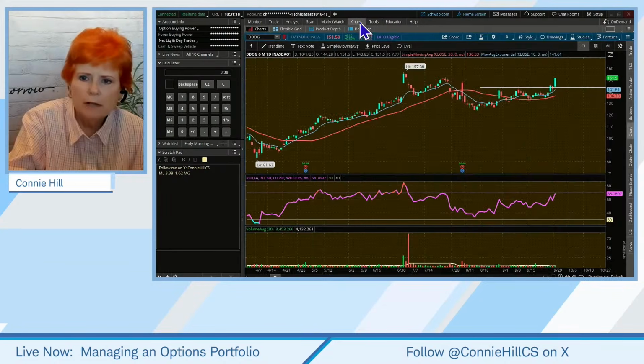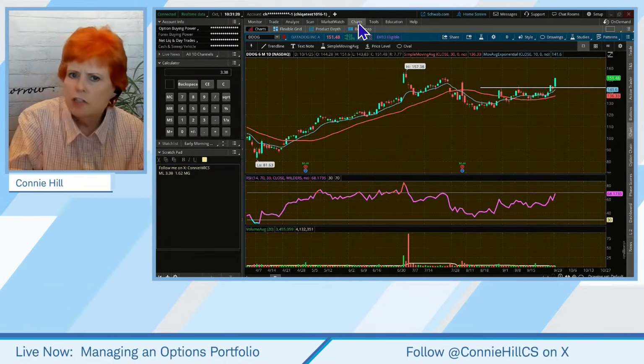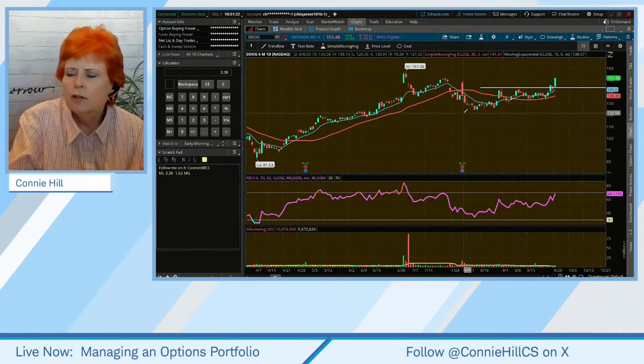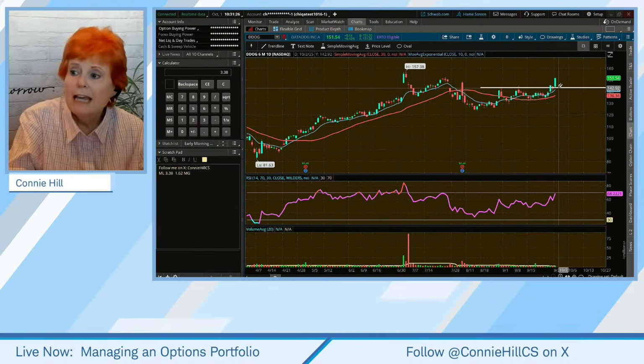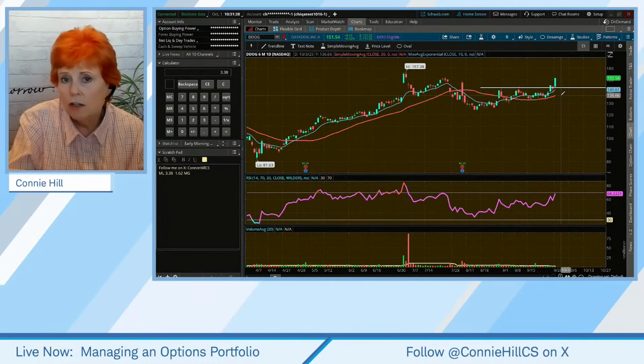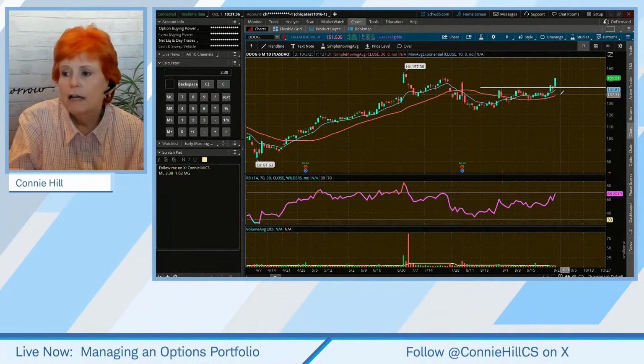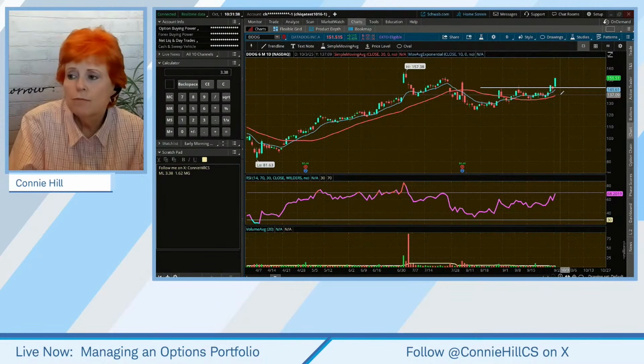Technical traders, and I like to do it based on the charts myself, might look at this and say, all right, it broke out above this resistance level. If it has a significant close below it, not just dipping its toe below, because we know this is a range, then yeah, we might choose to either try to adjust the trade or we might choose to just close it down altogether.